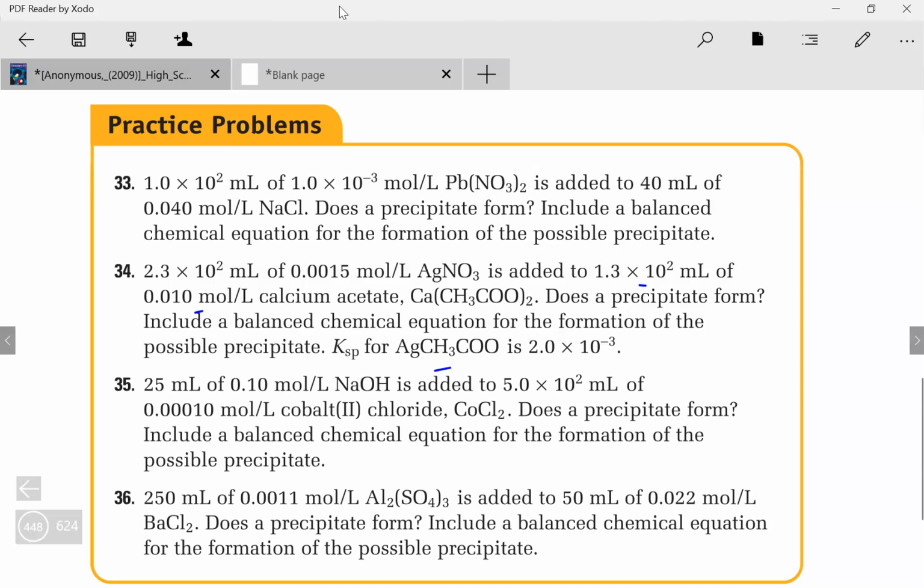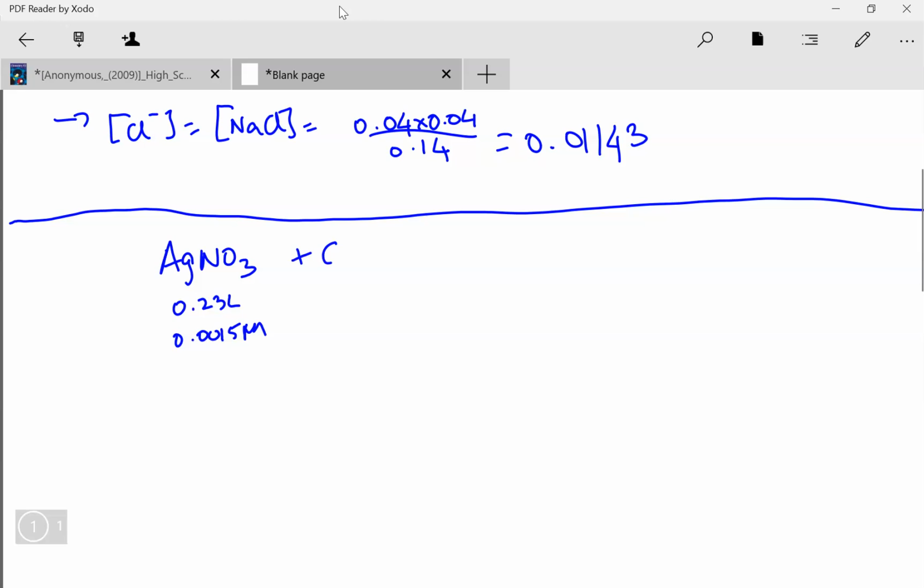Calcium acetate 0.13 liters, 0.01 moles per liter.